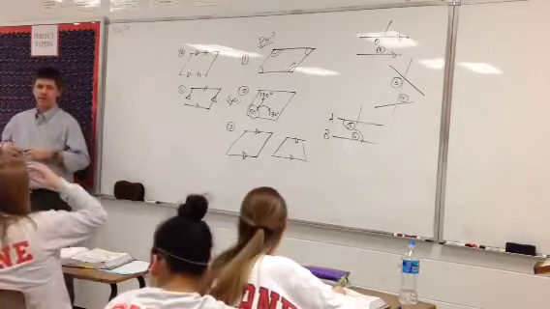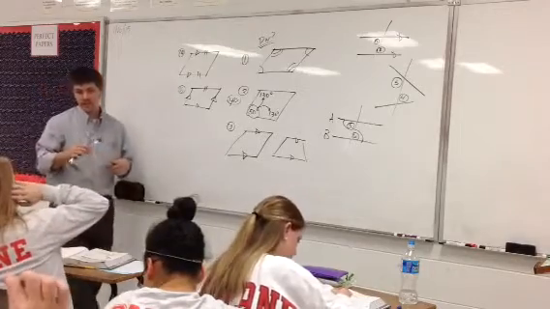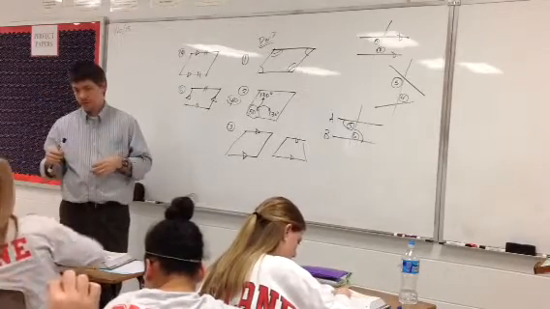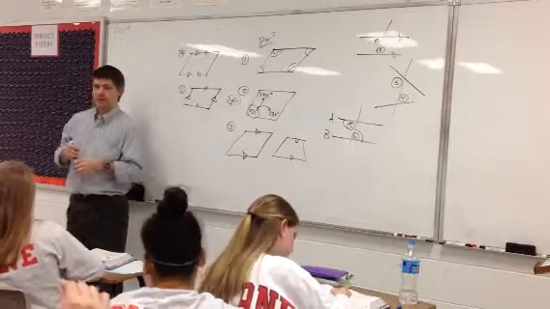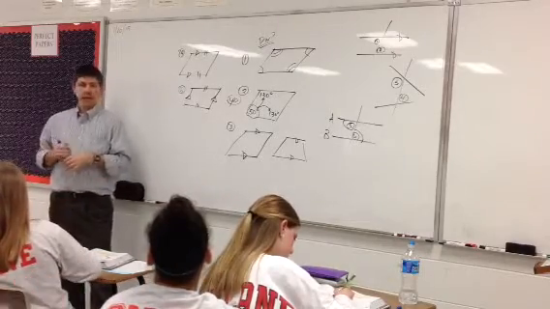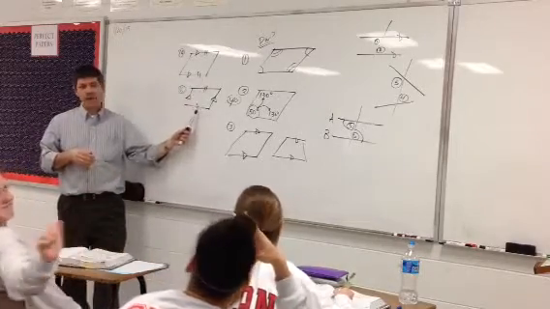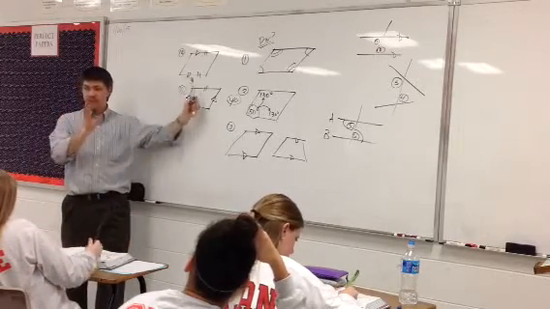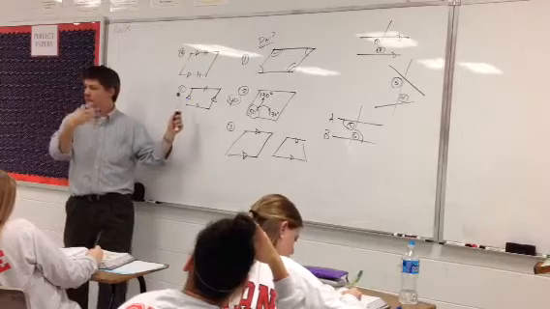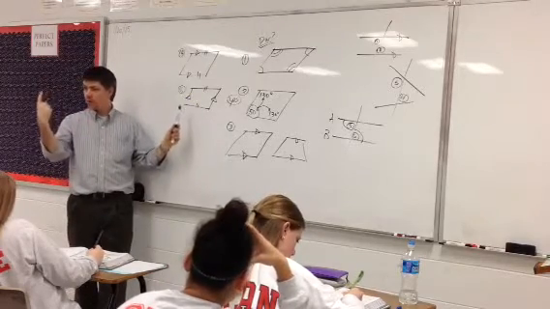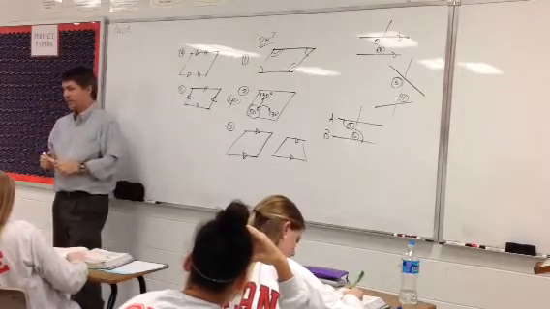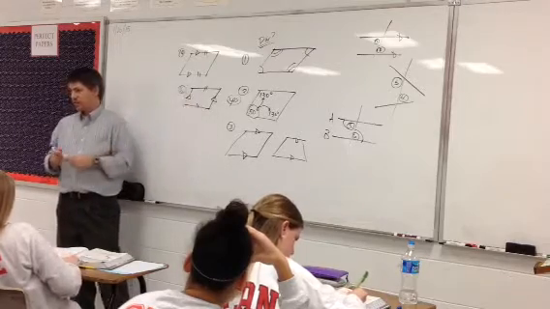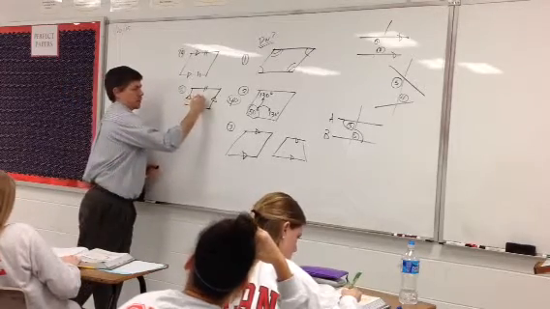Because it says that both pairs of opposite sides are parallel, so both of them have to be parallel and both of them have to be congruent, or one of them has to be parallel and congruent. Good. It doesn't say one's parallel and the other one's congruent. It says either both pairs of opposite sides are parallel, or both pairs of opposite sides are congruent, or one pair are both parallel and congruent at the same time. This doesn't meet any of those classifications.